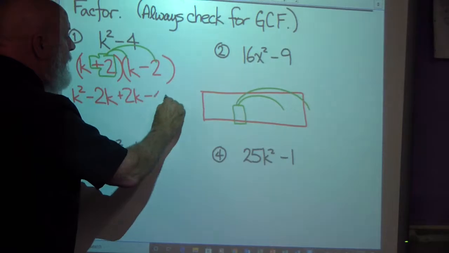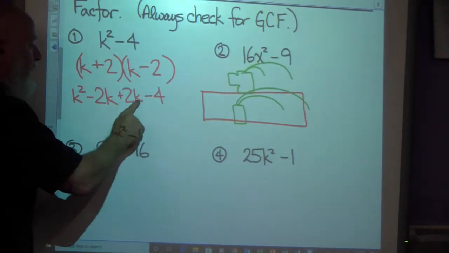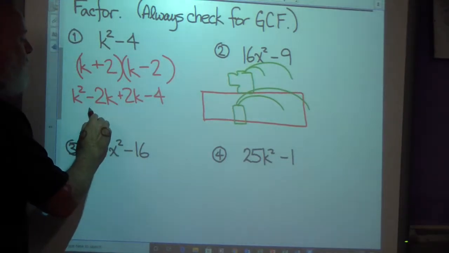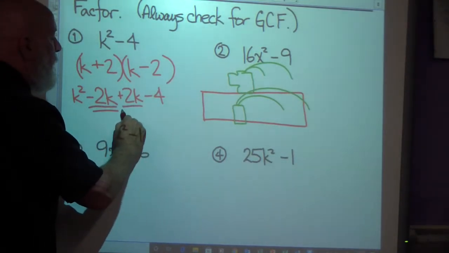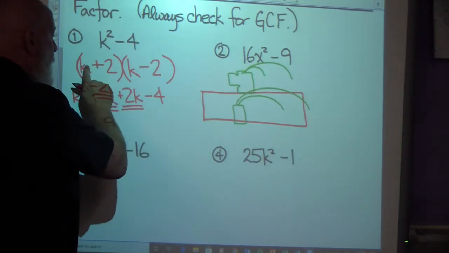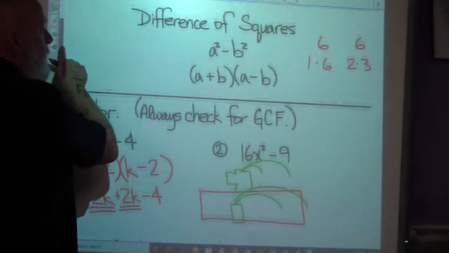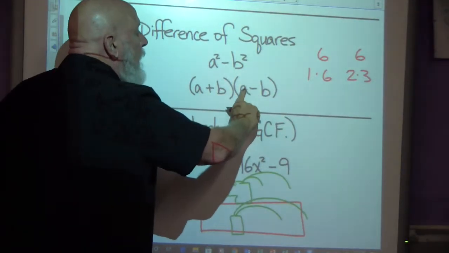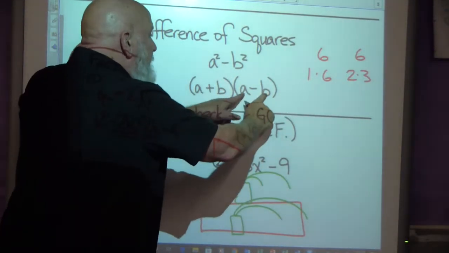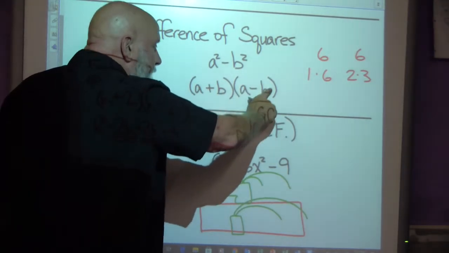Now when I go to combine these like terms, you'll see that these 2 middle terms are going to cancel each other out. And that will happen every single time if you multiply k plus 2 times k minus 2, or in general, a plus b times a minus b, where a and b can be anything, as long as it's something plus something and the same thing minus that other thing.